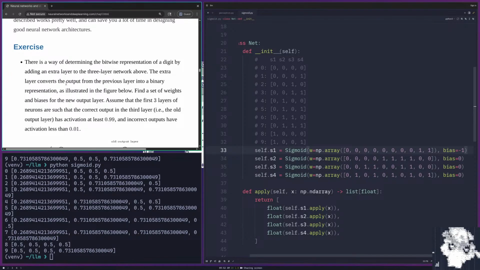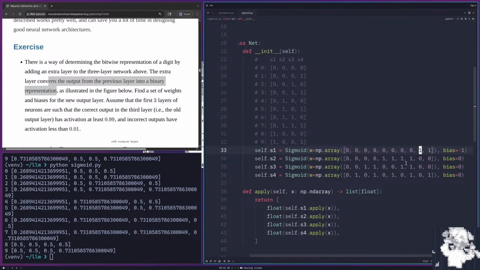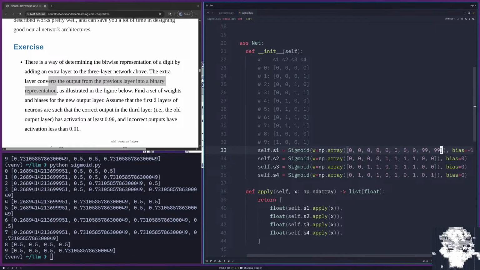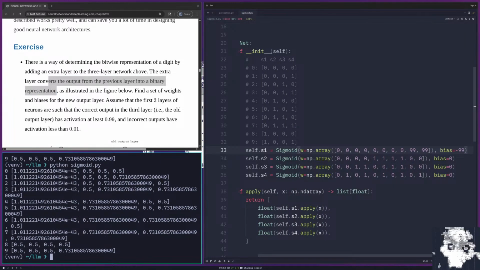It just says it converts it into a binary representation. It doesn't say how close it needs to be to 0 and 1. So I guess I could make these 99s and this a 99, and that should move it more, right?